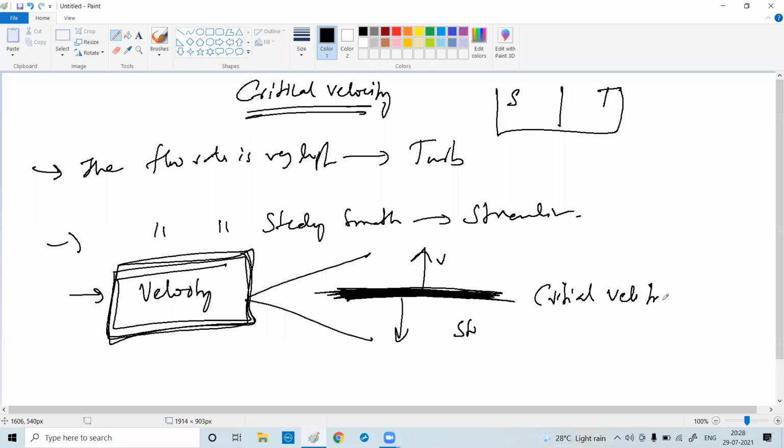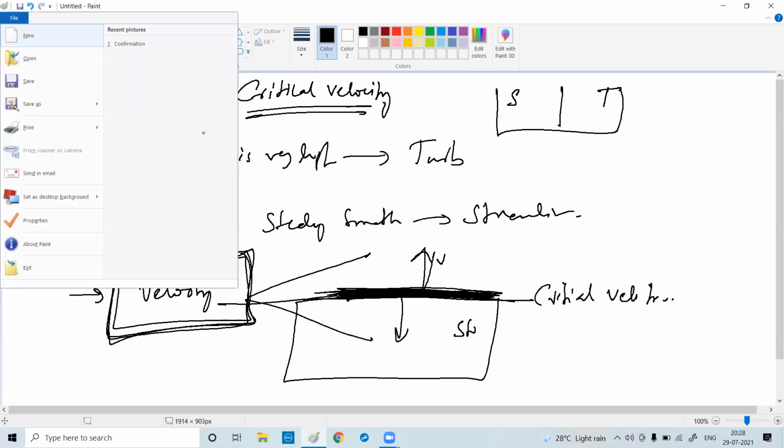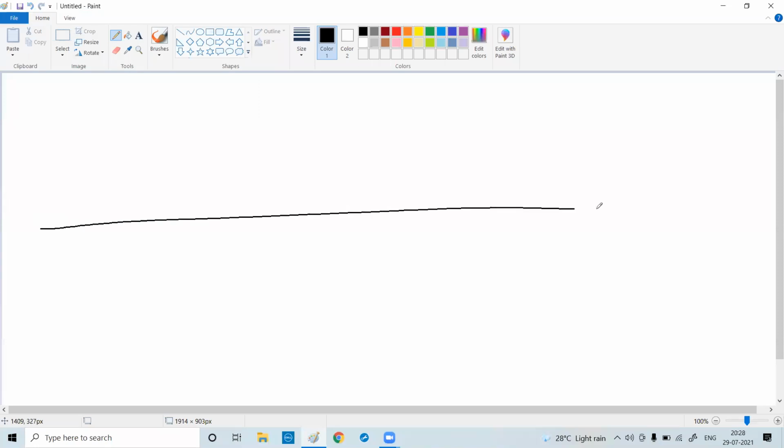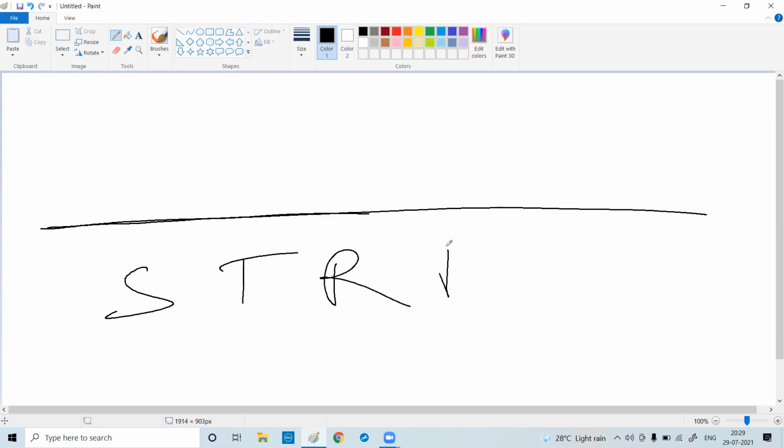Critical velocity. That means you can write down the velocity beyond which, above, simply suppose this is a velocity, below this it's a streamline flow, above this it is turbulent.